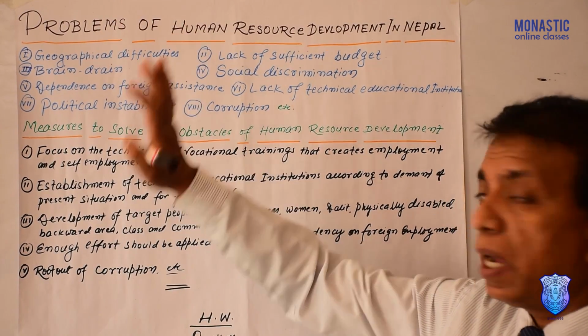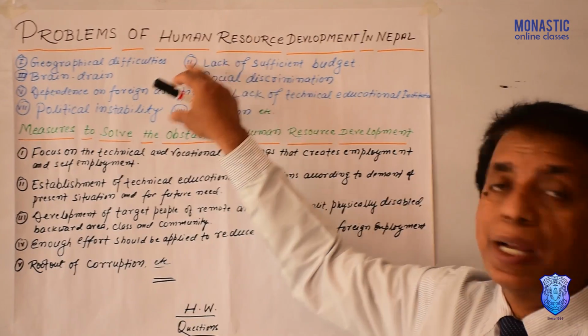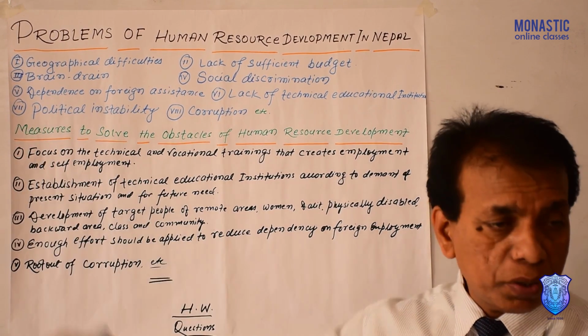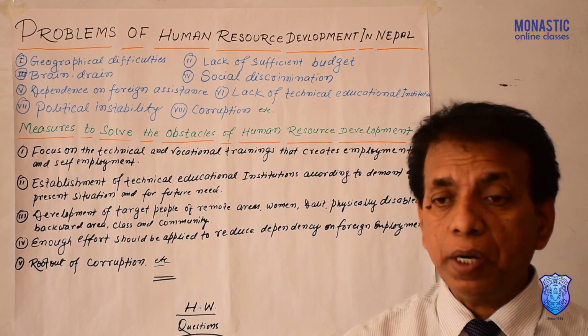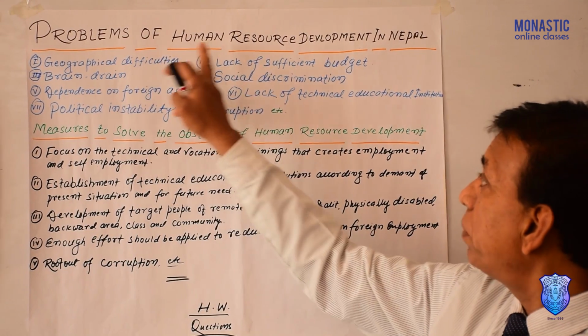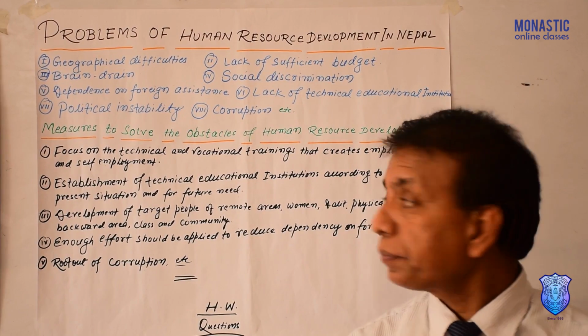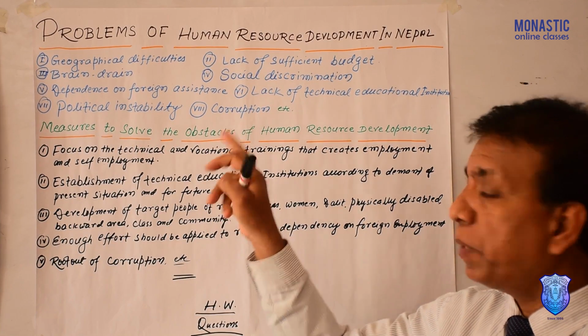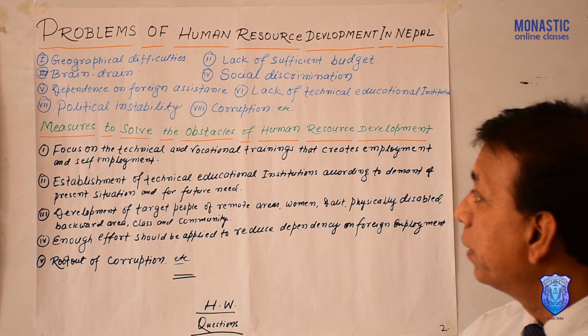If such a question is asked, then you can note down all these points as an answer. Your answer can be perfect. Only 8 points are given here. You can note them down.